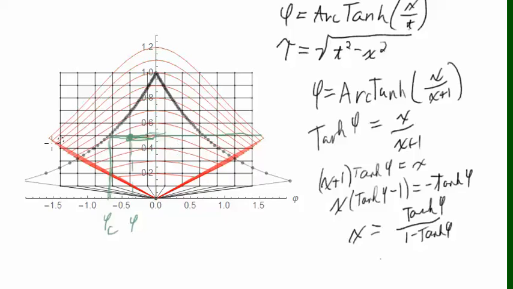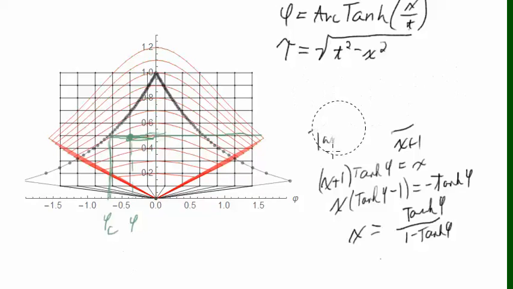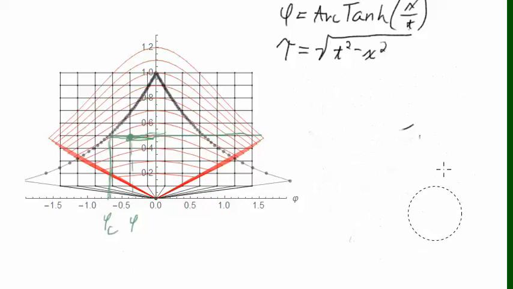It's not helpful because we don't have phi. Okay, great. That's the key I've been looking for. What we need to do instead, we do have tau this time. We don't have phi.